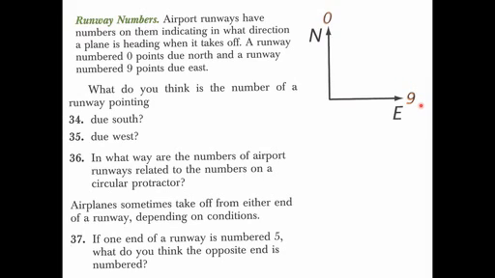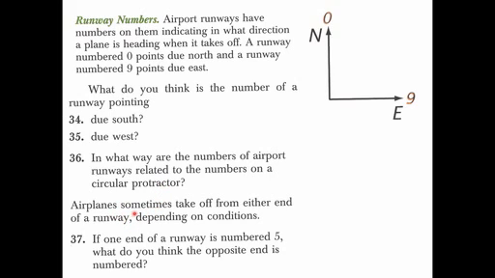So there are a few questions about this. What do you think the number would be, this one pointing south and the one pointing west? How are they related to numbers on a protractor, a circular protractor? So once you think about that, talk about that, get an answer down.